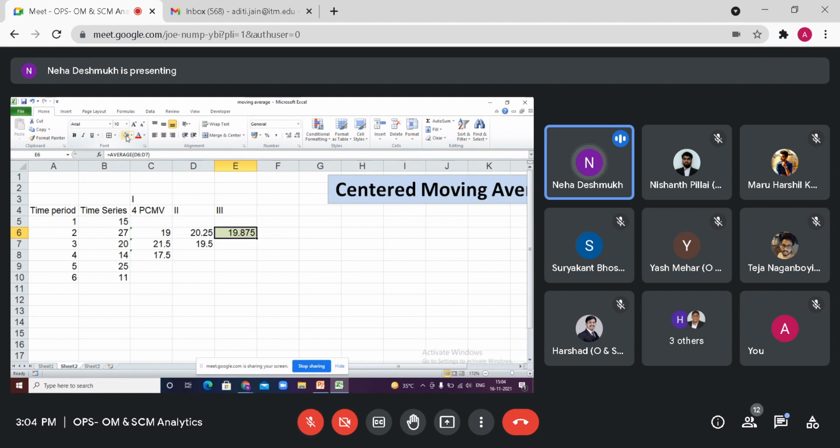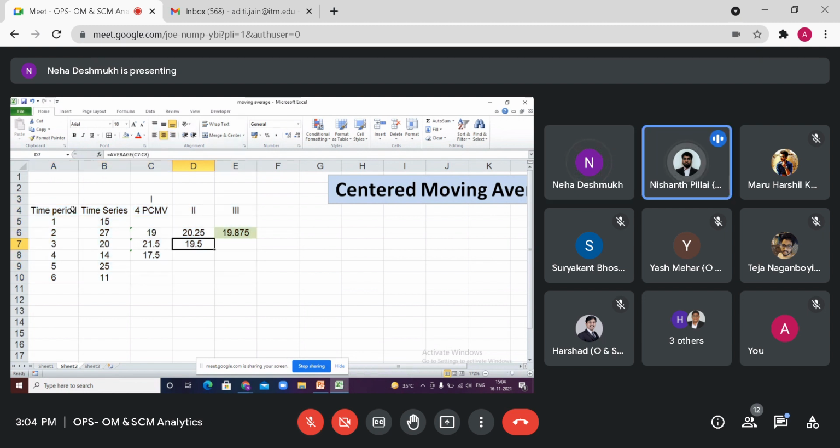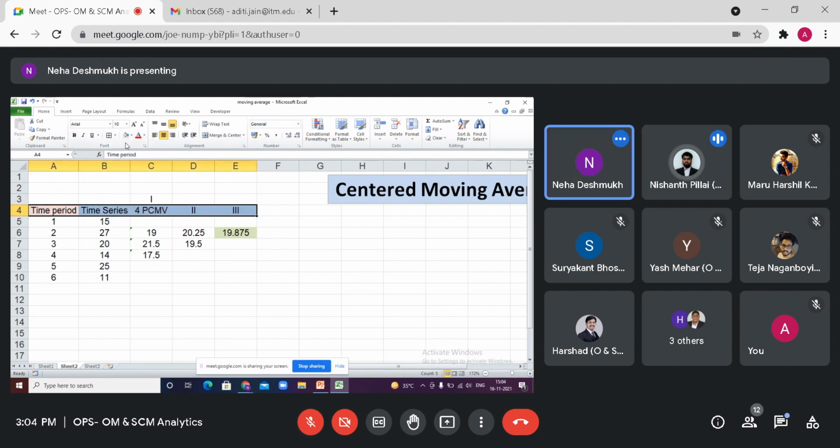It is the centered moving average for the 4 period moving average. Are you with me, class? Ma'am, we also have to do this, so please wait. Please repeat. We are also doing it.